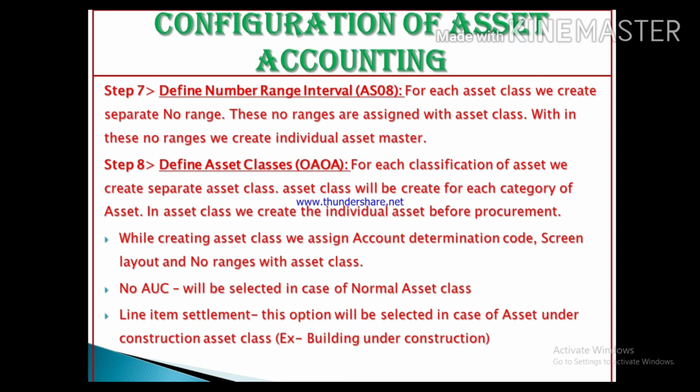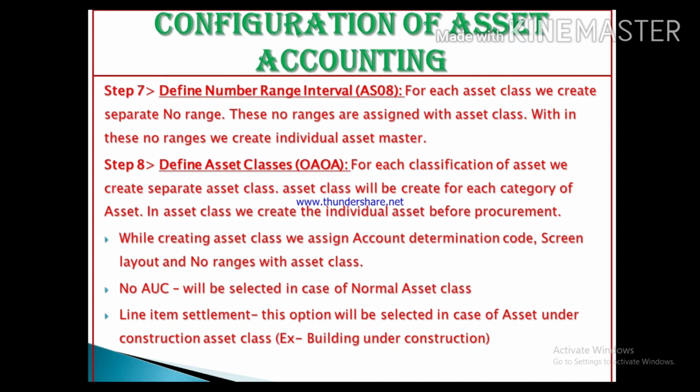Before creating, you should know about AUC also. The No AUC option we will get at the time of defining an asset class. So what is AUC? No AUC will be selected in case of a normal asset class.